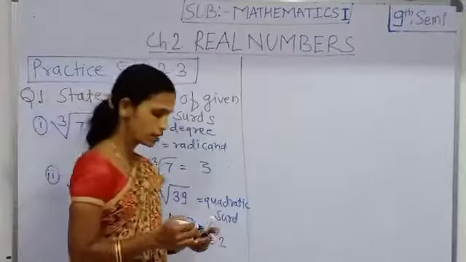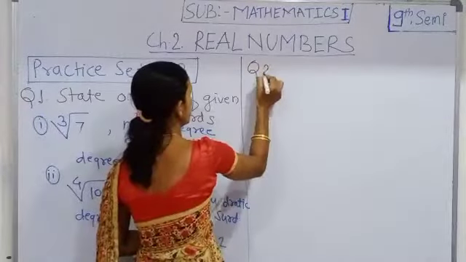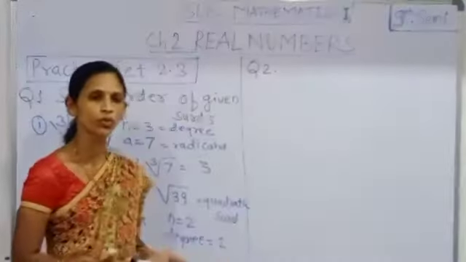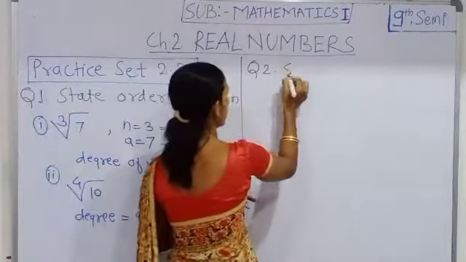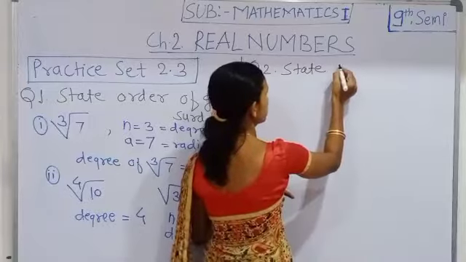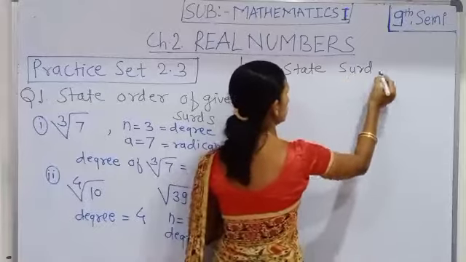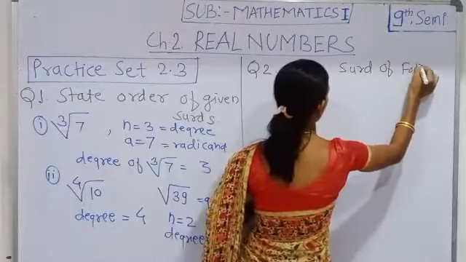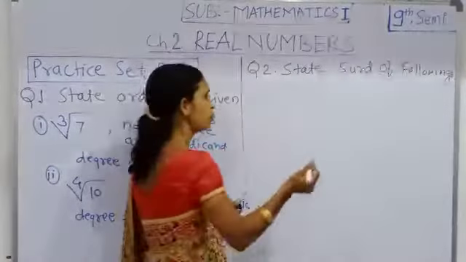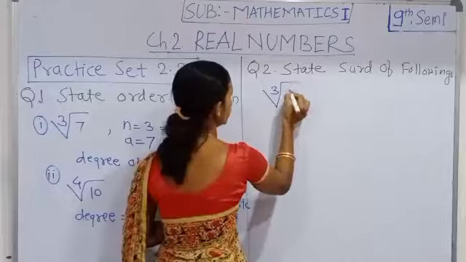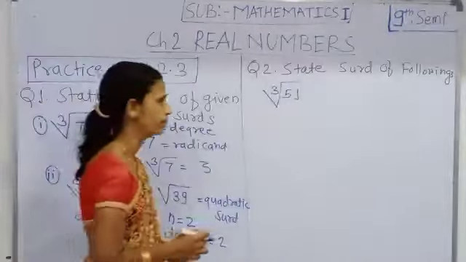Then see the examples given in question number 2, in which we have to find out whether the following examples are surds or not. Let me discuss a few examples with you, that is cube root of 51.